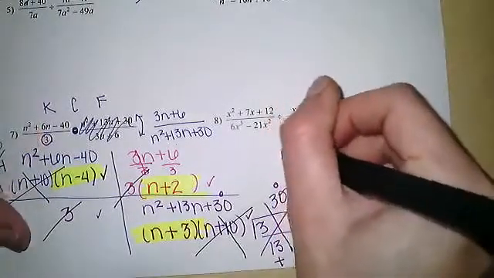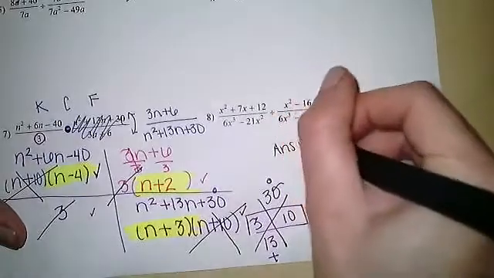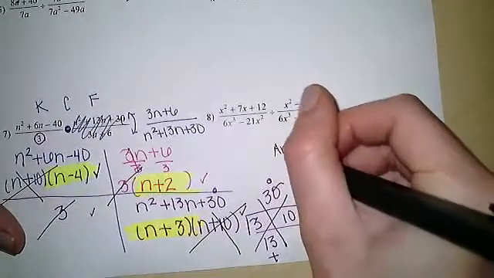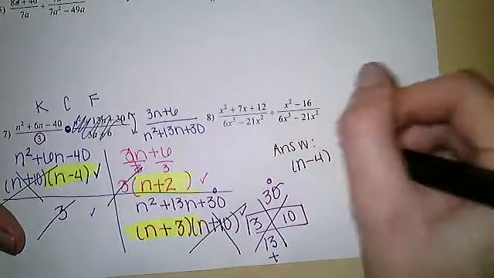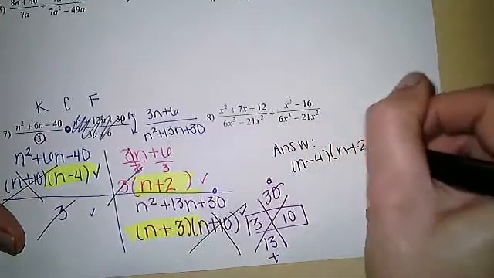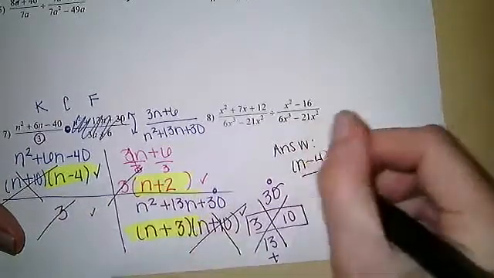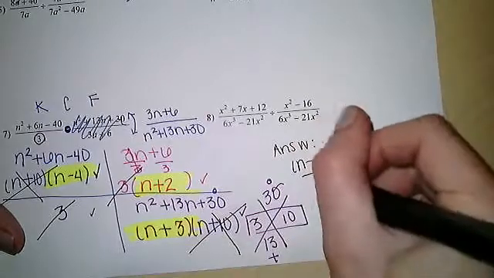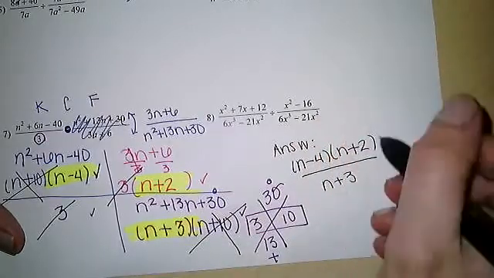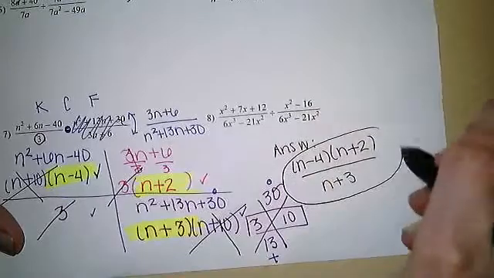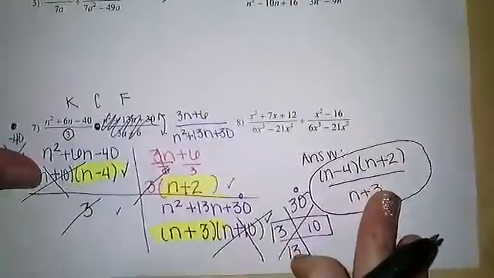So our final answer for number 7, I'm just going to write it over here on this note. N minus 4, n plus 2 are my leftovers, and n plus 3. And that is my final answer.